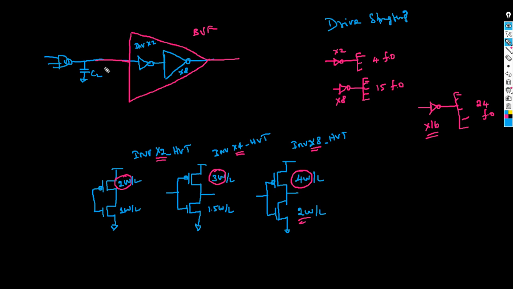So usually we want the pin cap of the first stage to be less so that your load cap can be lesser. So the first stage being small is to take care of the load of the previous stage.